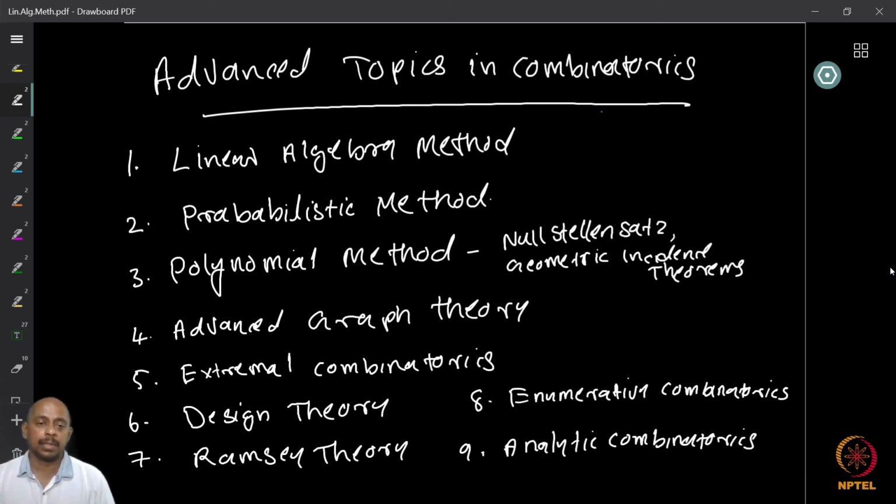The third thing I want to tell you about is another very powerful technique called the polynomial method. Now, the polynomial method, as the name suggests, uses polynomials and related tools from polynomials. A couple of things I want to emphasize here: one is the algebraic result called Hilbert's Nullstellensatz. Nullstellensatz is a German word which talks about the location of the zeros of a polynomial.